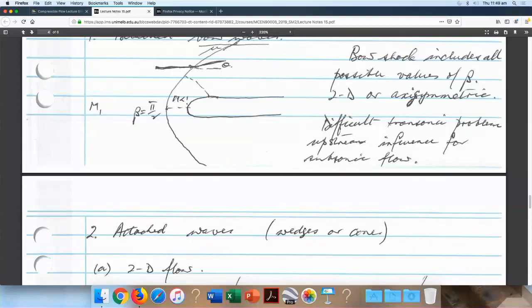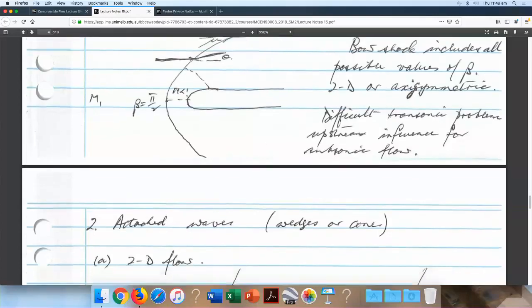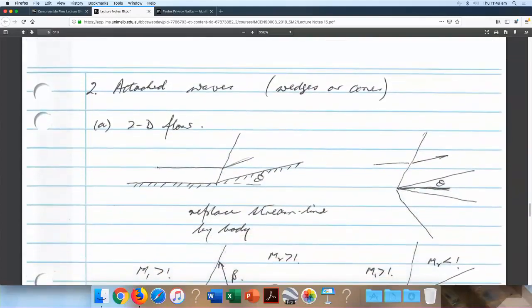So now comes the answer to your question. Attached waves. Can we have attached waves? These are also very interesting. Let's suppose we had a 2D flow and we had supersonic flow coming in, and we want to turn the flow through an angle theta, and we want a flow out. And theta is now much less than theta maximum. And this is going to be a supersonic flow here.